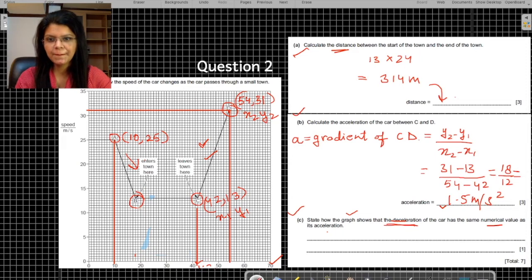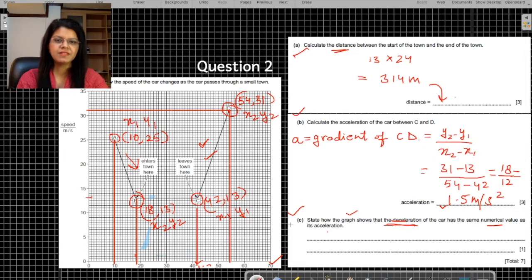What is B? B is 18 and 13. Let's call one of the points x1, y1, the other point x2 and y2.